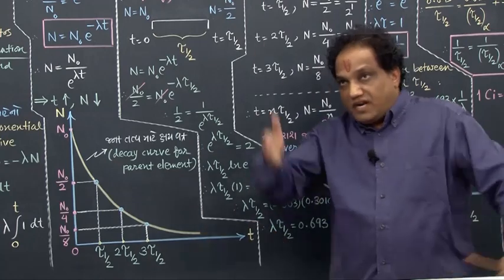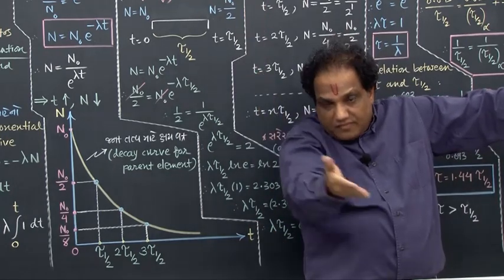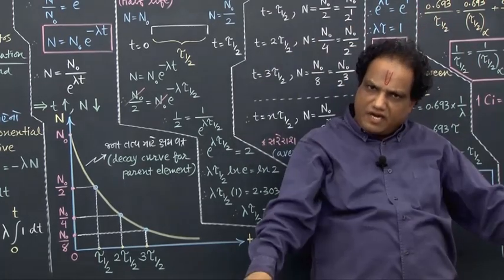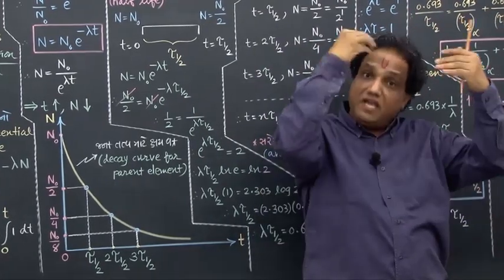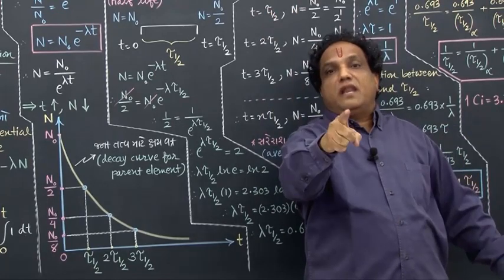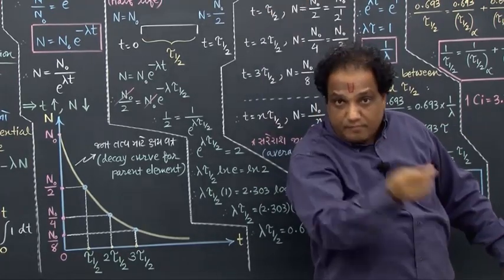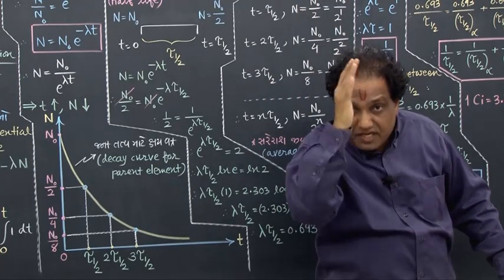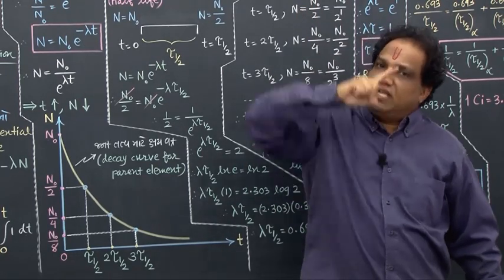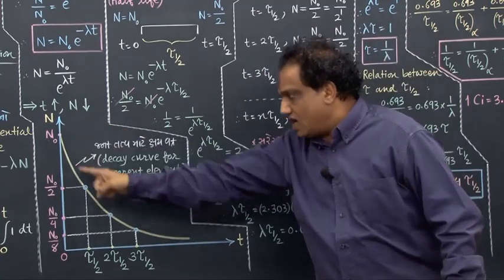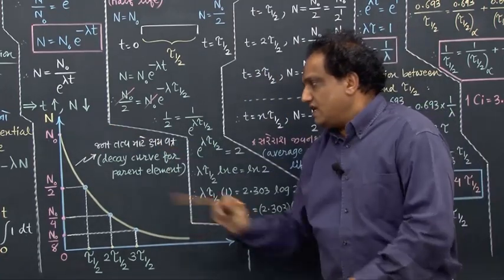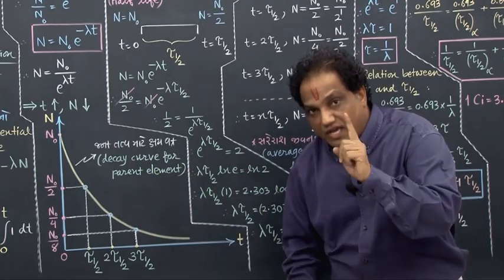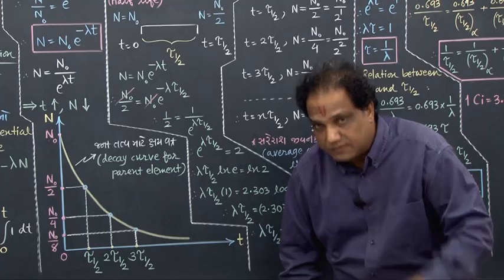If that number is decreasing, then the element is said to be disintegrating, decaying, because the parent element is decaying. Decrease means decaying. Because the parent element is decaying according to this curve, we call this curve the decay curve for the parent element.